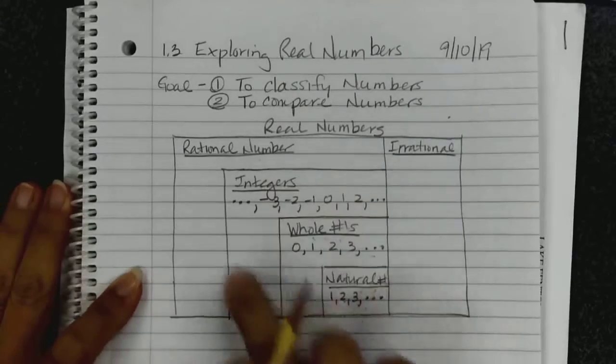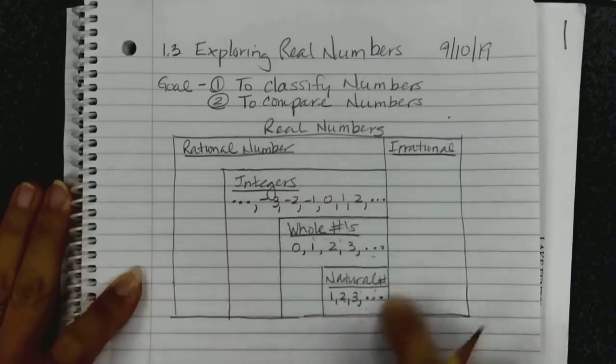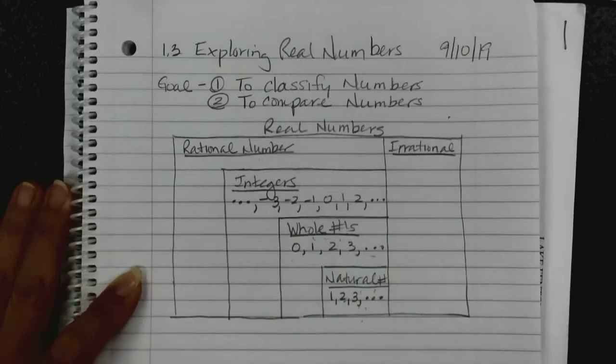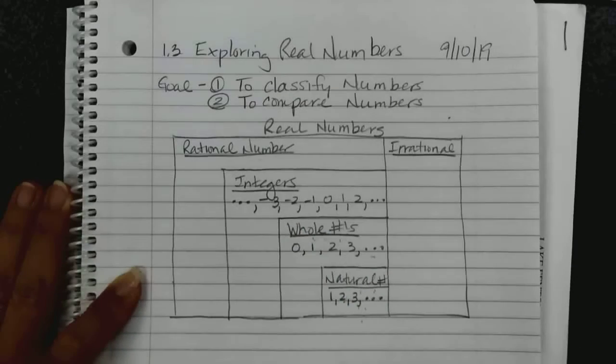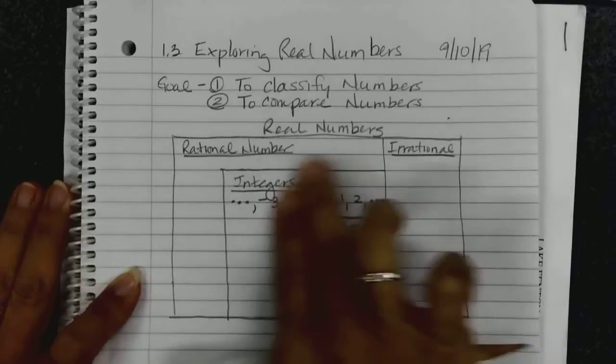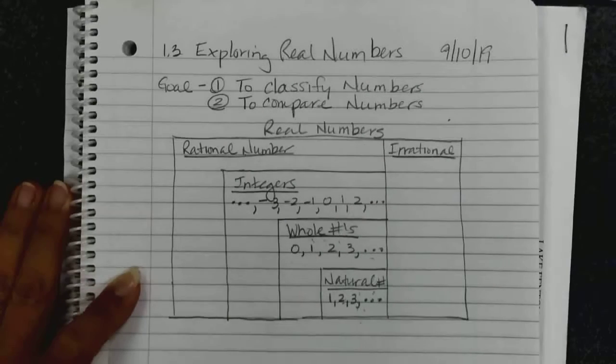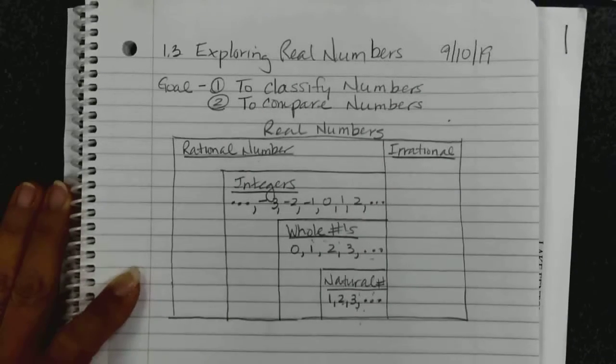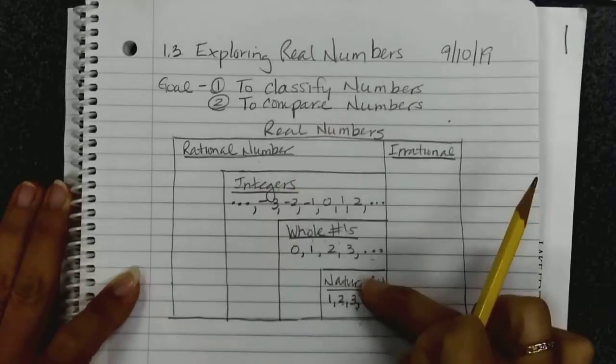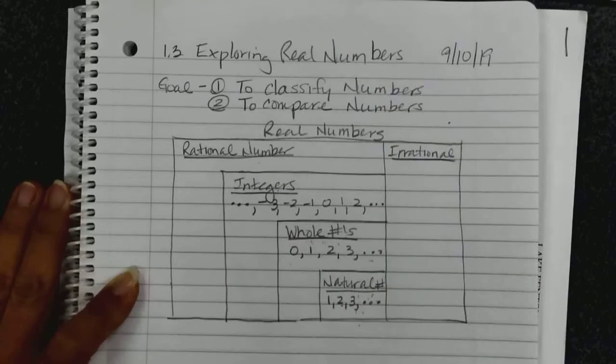What's not in this? Can somebody tell me what's not in this? Decimals, and what else? Fractions. Fractions and decimals are not integers. We're talking about just whole numbers, positive and negative.